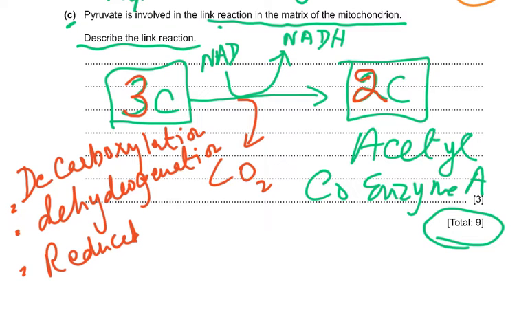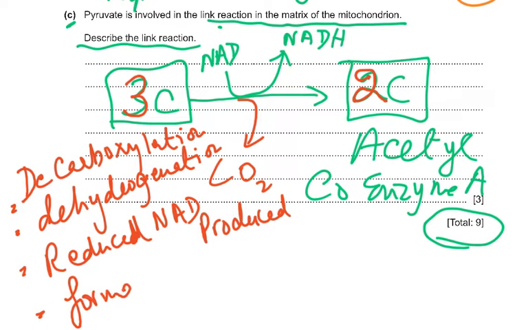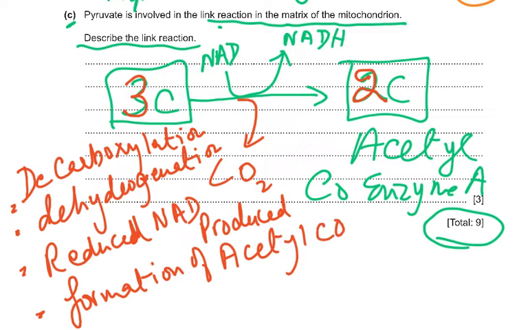You can even say NADH, that's fine. And the last point is formation of acetyl CoA. That's it, 4 marks, any 3 points, and you got your 3 out of 3.